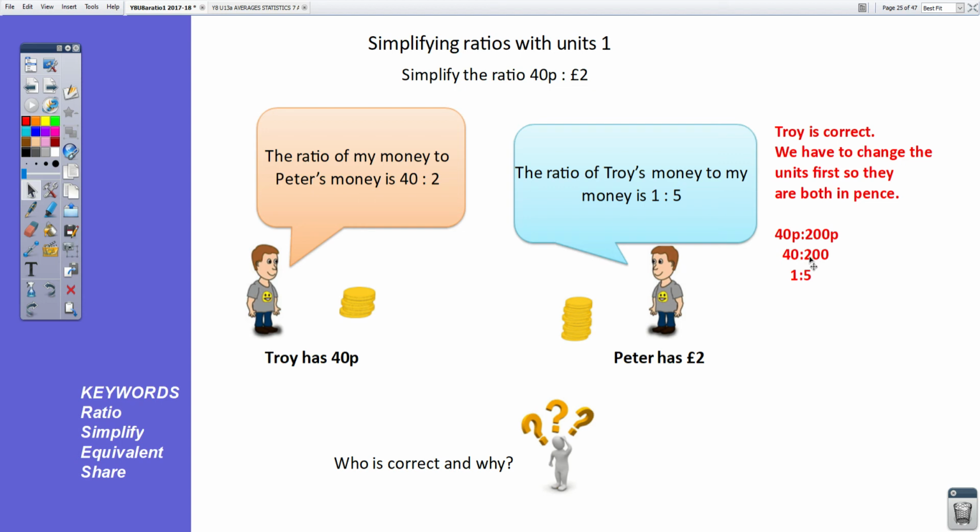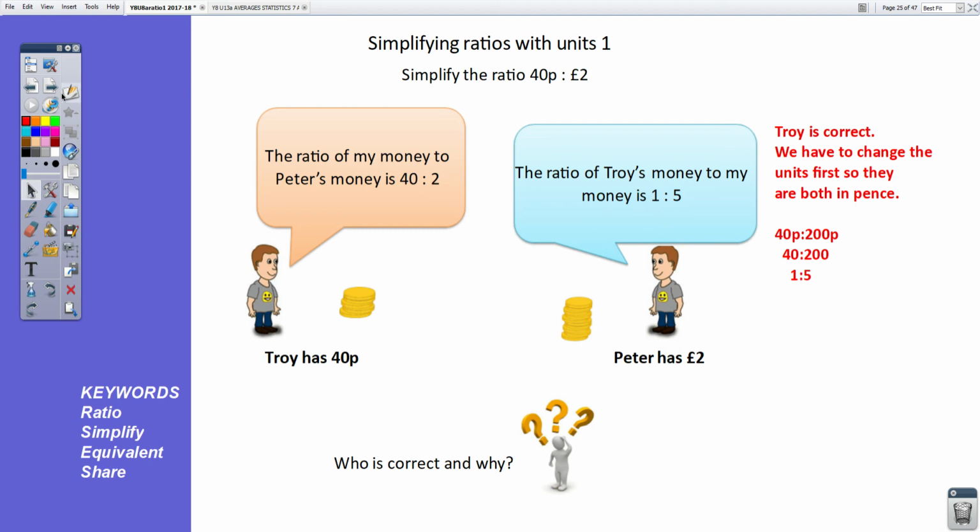Now they will both divide by 10, they'll both divide by 5. The biggest number they'll both divide by is 40. There's 1 40 in 40, there's 5 40s in 200. So it will simplify to 1 to 5. The ratio of Troy's money to Peter's money is 1 to 5. Okay, you have to put them into the same units.